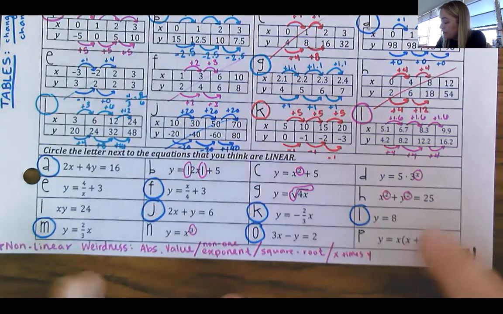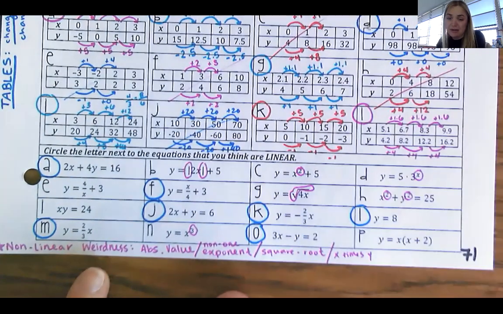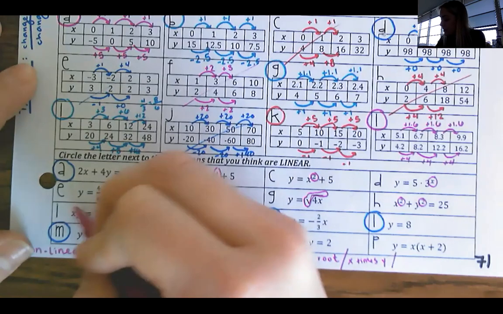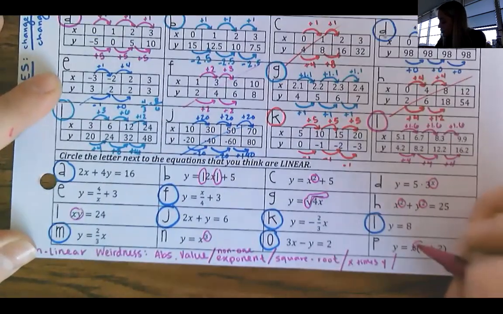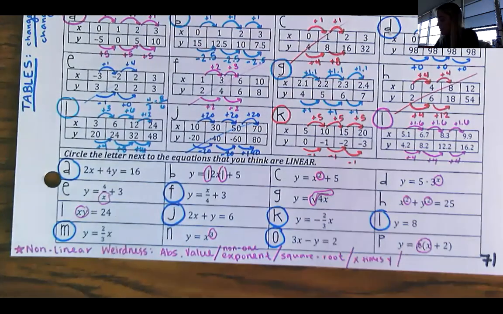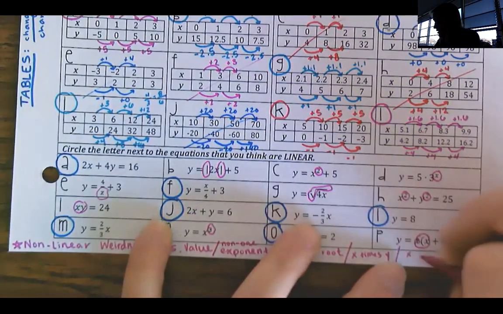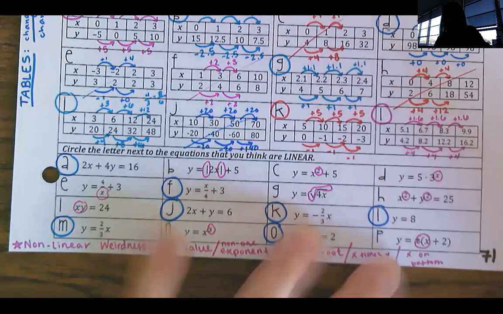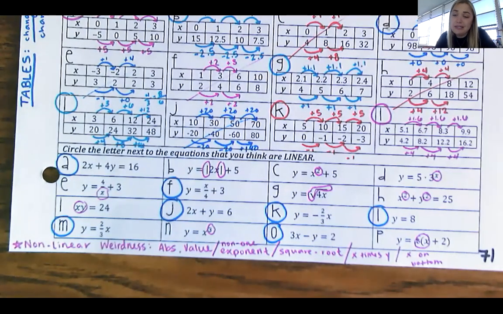Or over here, it was x times x when we distributed that. And one of the last weird things we had, so this was weird, this was weird. Whenever you have a variable in the denominator, so I'm going to say x on bottom. That's going to give you weirdness that makes it not a straight line. So all of those things will make this nonlinear, and hopefully you can look out for those.